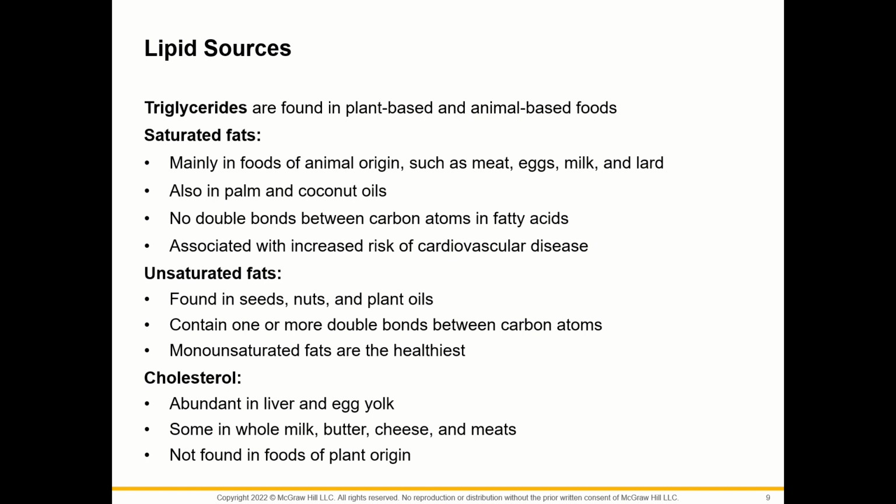Cholesterol is another type of fat, and this is abundant in liver and egg yolk. This is not a triglyceride. Triglycerides are going to be a glycerol and fatty acids. Cholesterol is a sterol. It's more like a wax. It's going to have these hexagonal shaped carbon rings that are going to be solid at room temperature, and they are also going to have a little hydrophilic tail.